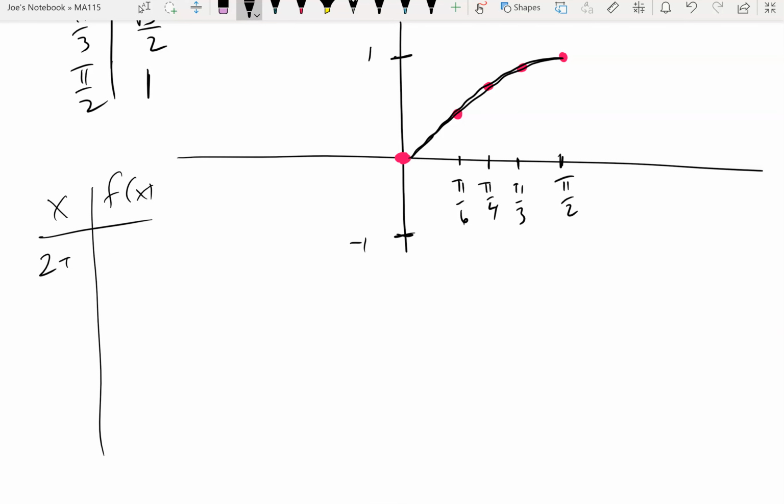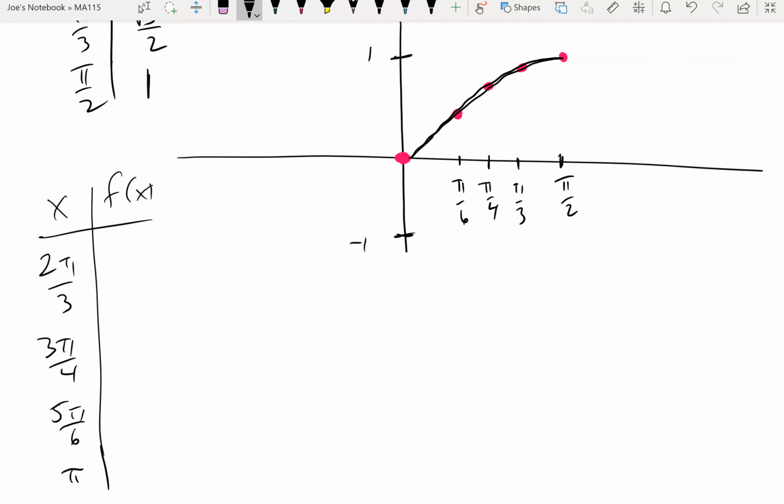We put in 2 pi over 3, 3 pi over 4, 5 pi over 6, and pi. Now, why did I pick those numbers? Let's think about why I picked those ones. Okay, so they're definitely between pi over 2 and pi, right?